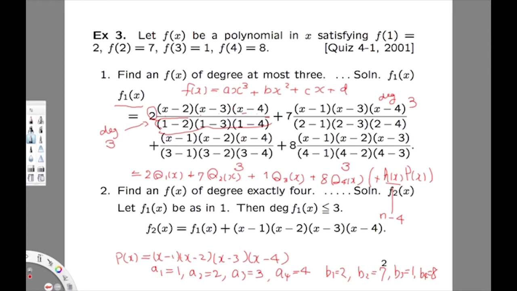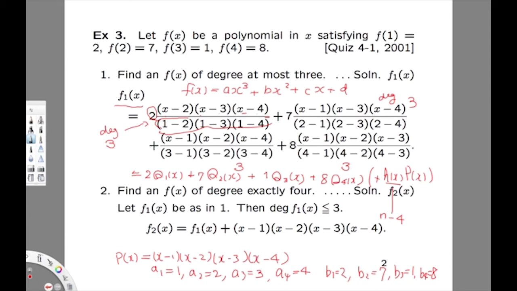If you plug 2 into this, again you get 0. 3 into this, again 0. 4 into this, you get 0. That means this p of x doesn't have any influence on the values of f of x, as far as 1, 2, 3, 4 are concerned.